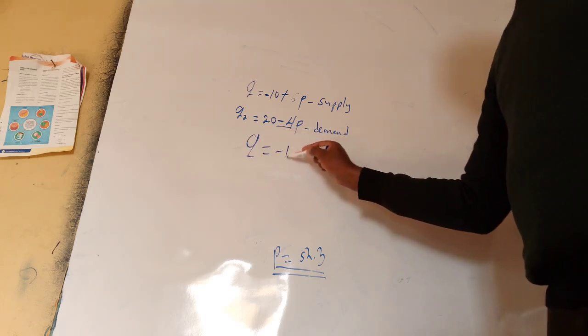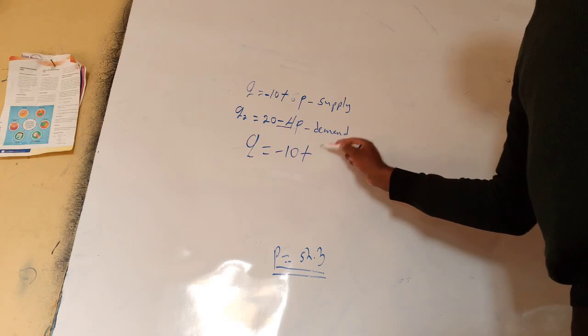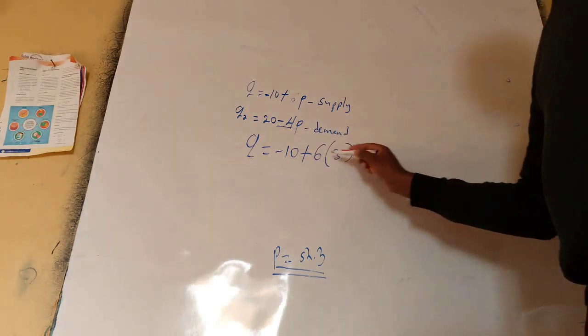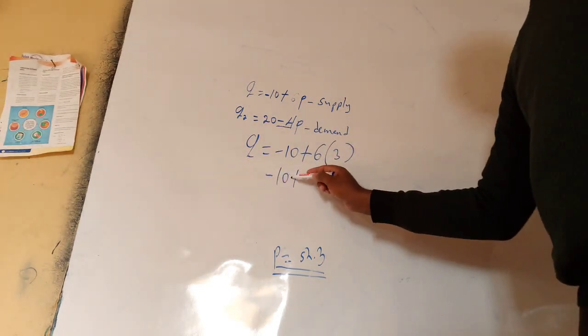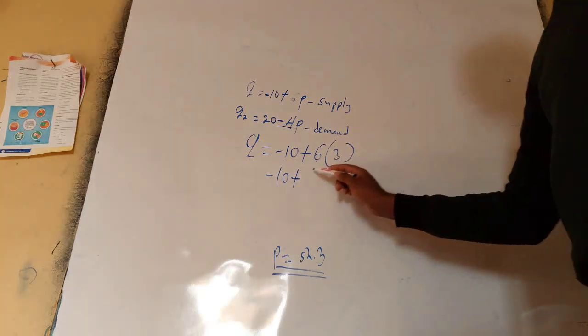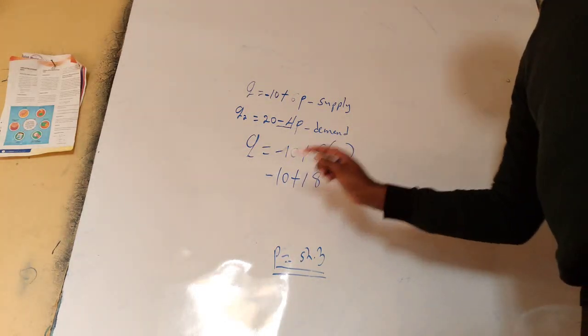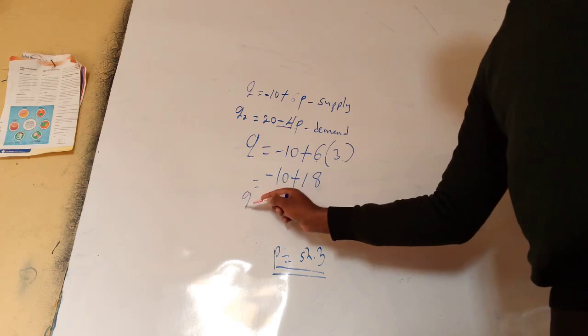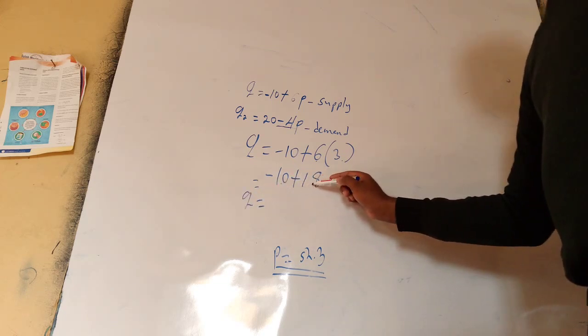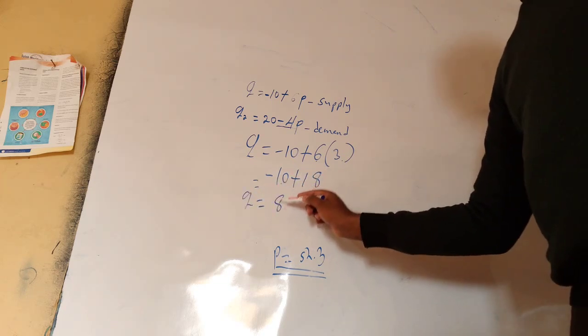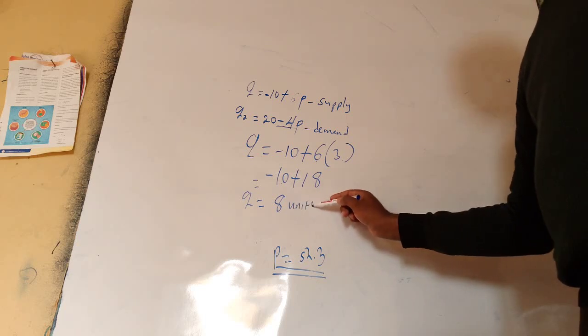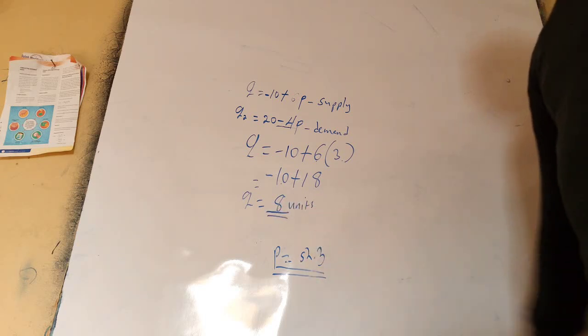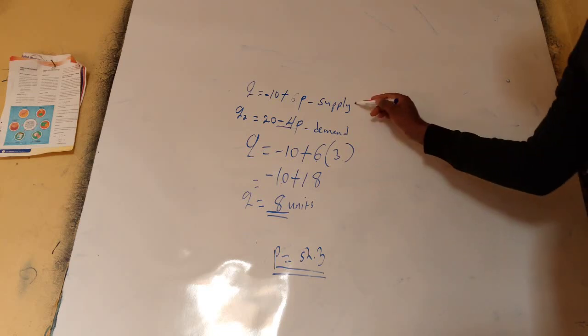Equation 1, negative 10 plus 6P. Negative 10 plus 6 times 3, it is 18. So my Q, negative 10 plus 18, becomes 8 units. This is my equilibrium quantity when I use equation 1.